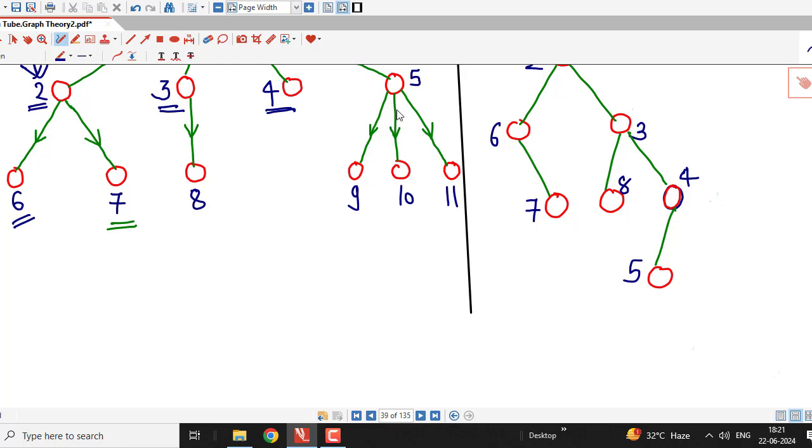So that is nothing but leftmost child of 5 in general tree, which is 9. So I have to join 5 with 9 in binary tree.